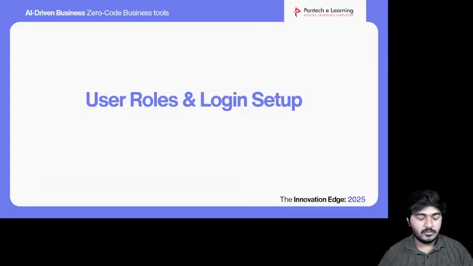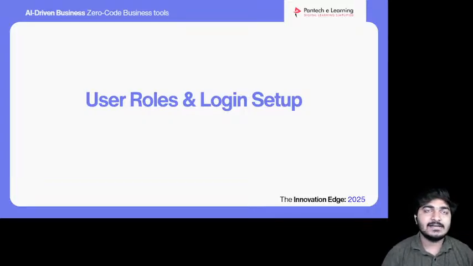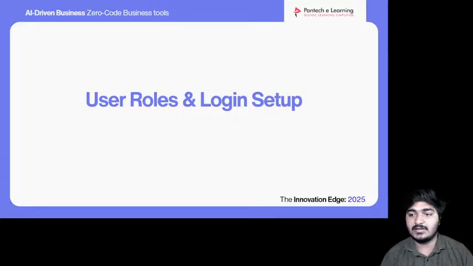So today's topic is going to be user roles and login setup. The first thing will be user roles, which is separating the tasks based on production and similar functions. As an example, if I'm going to start a clothing brand, there will be different sectors. So I need to separate the work, the authority, and the permissions based on the work.